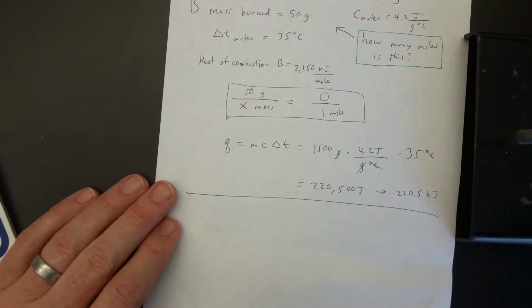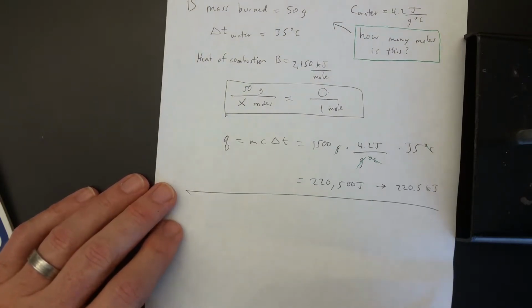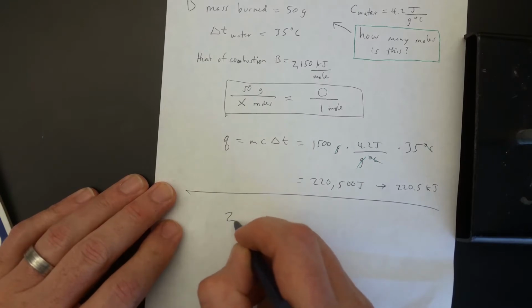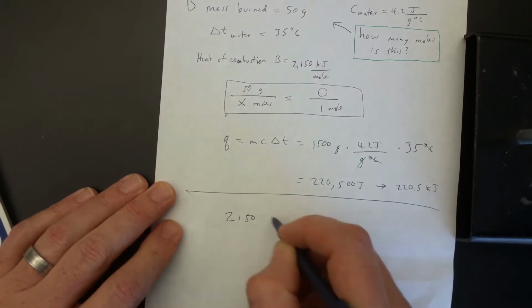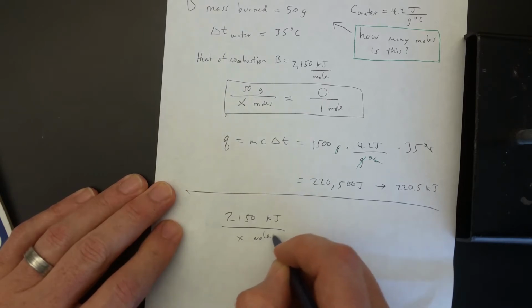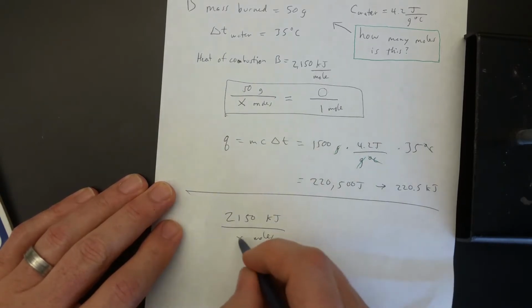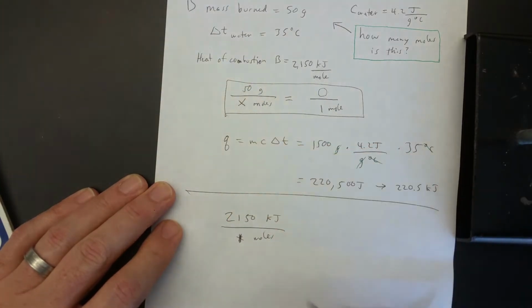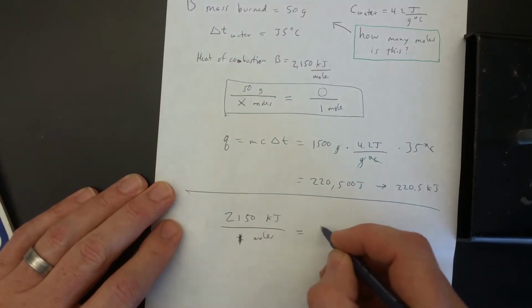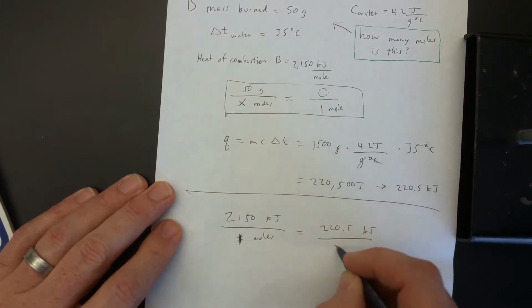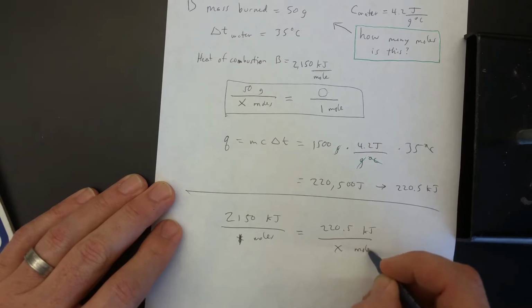Okay? So that's how much heat came out of that. Now, from the heat of combustion, we can figure out how many moles. So we know the ratio is 2150 kilojoules per X moles. I'm sorry, that's per 1 mole. That's our heat of combustion, which is equal to 220.5 kilojoules for X moles.